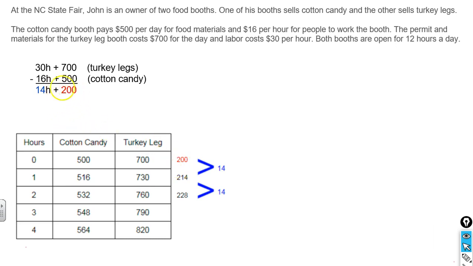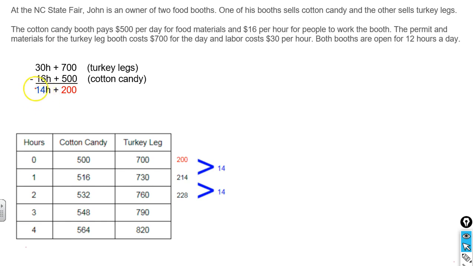That's where this total difference comes from. It's the difference in our y-intercepts, or our starting fees, that $500 original fee just for materials per day, and the $700 for the materials per day for the turkey leg booth. So the daily difference in cost before they open each day is going to be this $200.